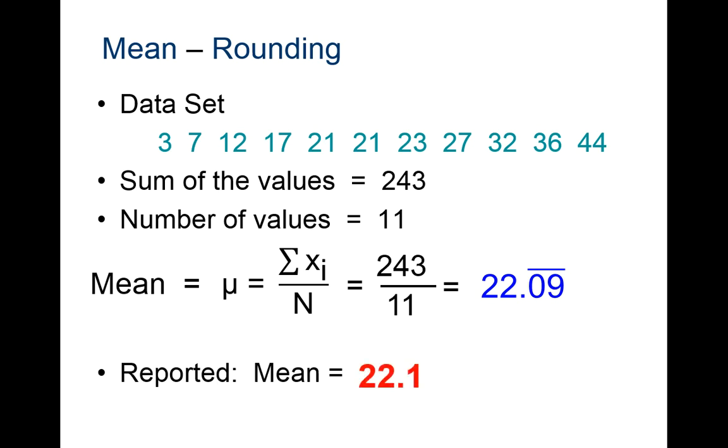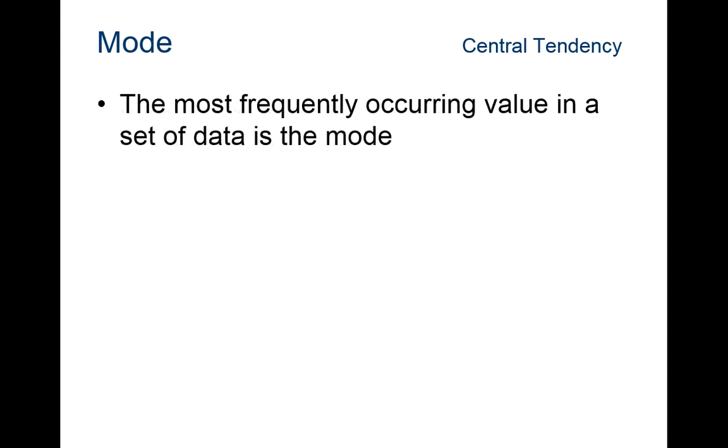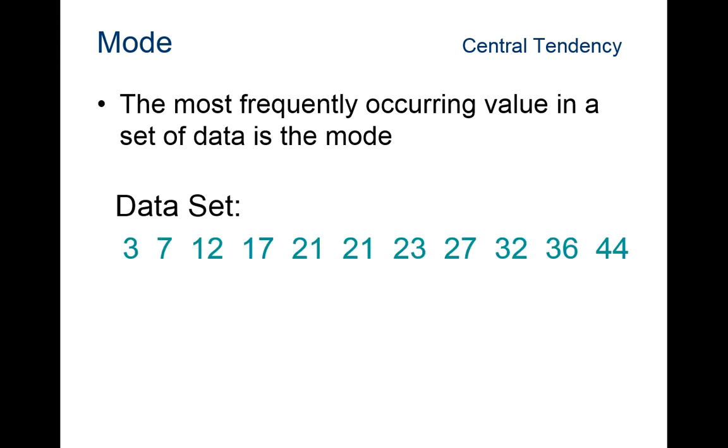The most frequently occurring value in a set of data is the mode. It's a measure of central tendency whose symbol is capital M. Look at our data set.